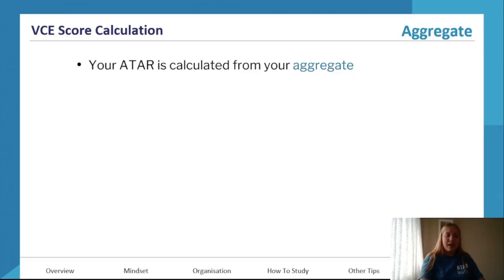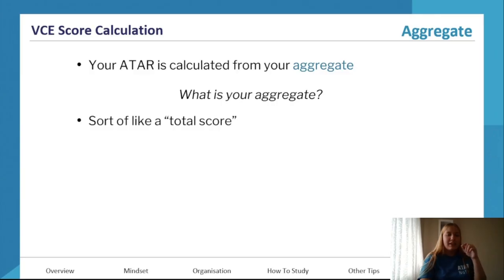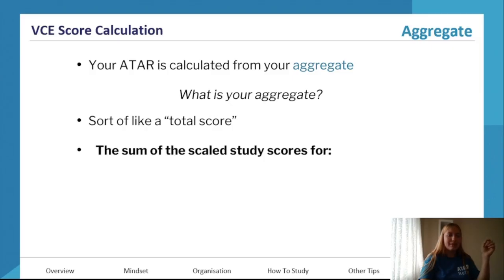So your ATAR is calculated from your aggregate. Some of you might not know what an aggregate is, so we'll explain that. It's like a total score of your subjects, and to be more precise, it's the sum of all of your scaled study scores, weighed at different percentages.